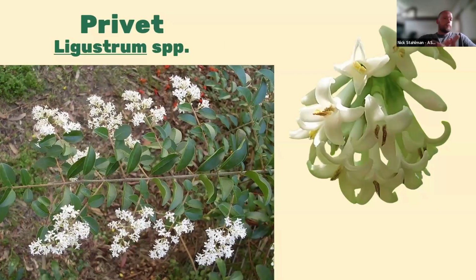And privet. We're on to our next one. Privet is actually about four different species here in PA. They're all essentially the same when it comes to what they're capable of and management. So four similar species, very difficult to differentiate.